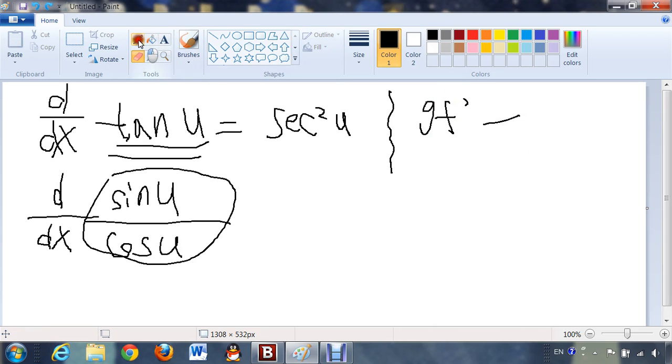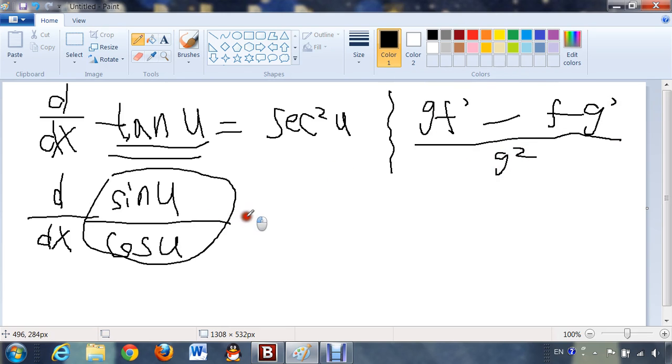Okay, it's f times g prime over g square. So if you use that, it will be cosine something times the derivative of sine something, which is cosine something, right?